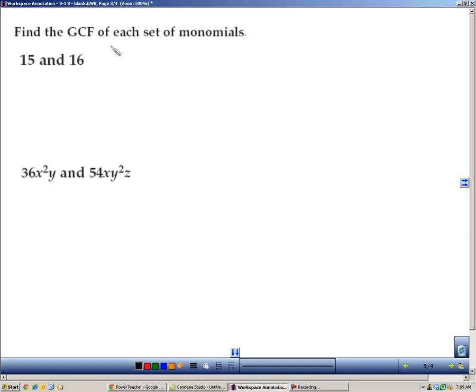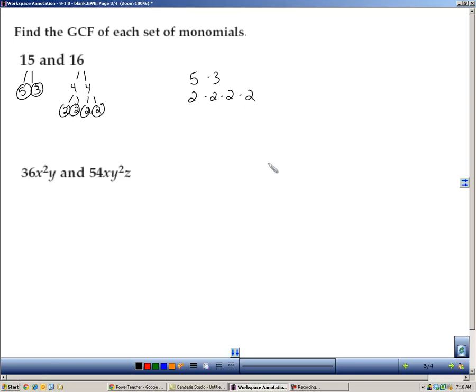Find the GCF of these sets, 15 and 16. Now, if you want, you could break these up into 5 times 3 and 4 times 4, which is 2 times 2, and then 2 times 2 again. And then you could list them right on top of each other, 5 times 3, 2 times 2 times 2 times 2.